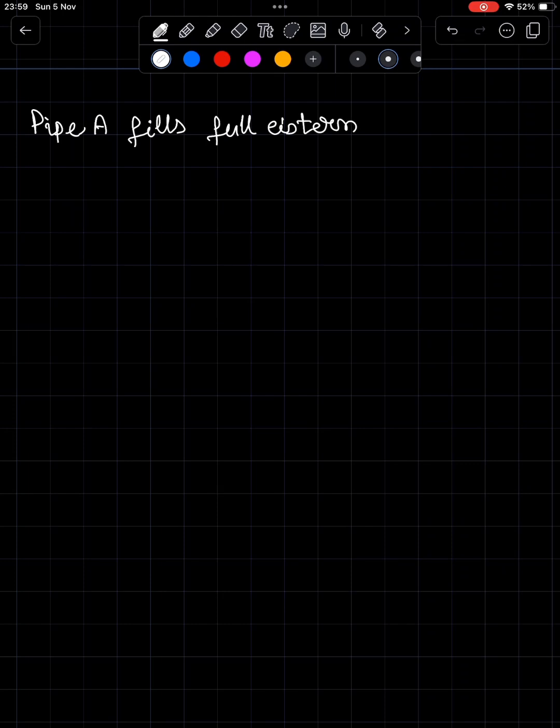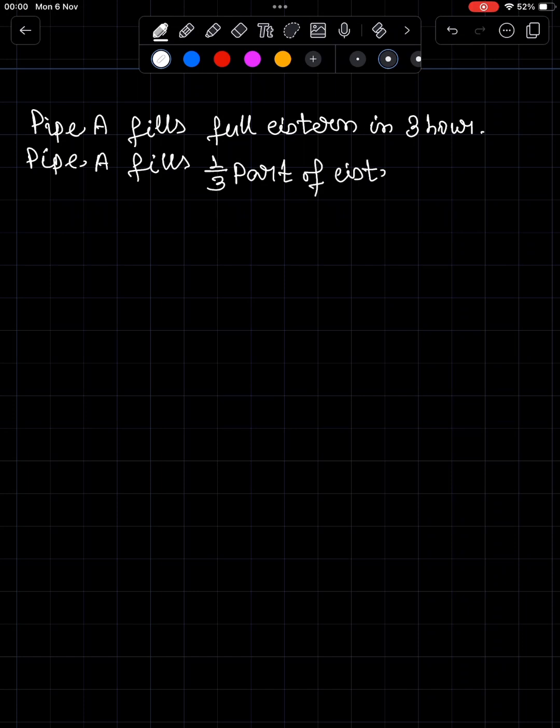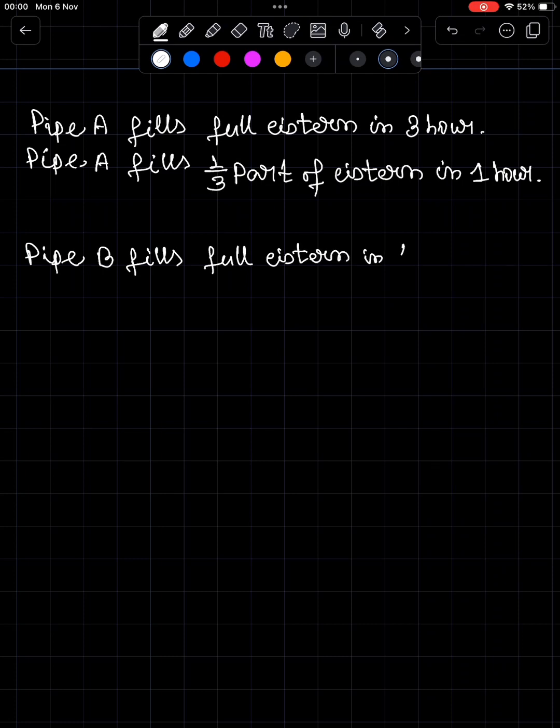Now, from the capacity we can say that pipe C has much greater capacity than both pipe A and pipe B. How can we say that? As you can see from the problem, pipe A fills the full cistern in 3 hours. Full cistern means 1 part. So, pipe A fills 1/3 part of the cistern in 1 hour. So, the capacity of pipe A is 1/3 part.